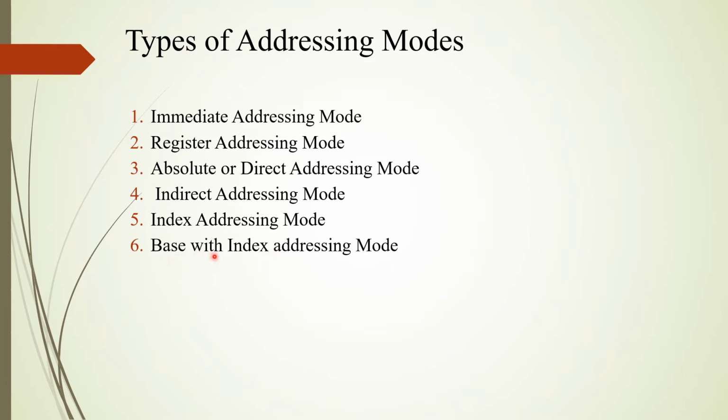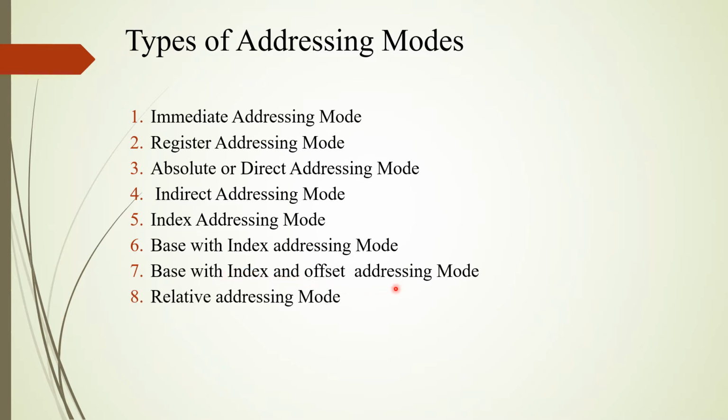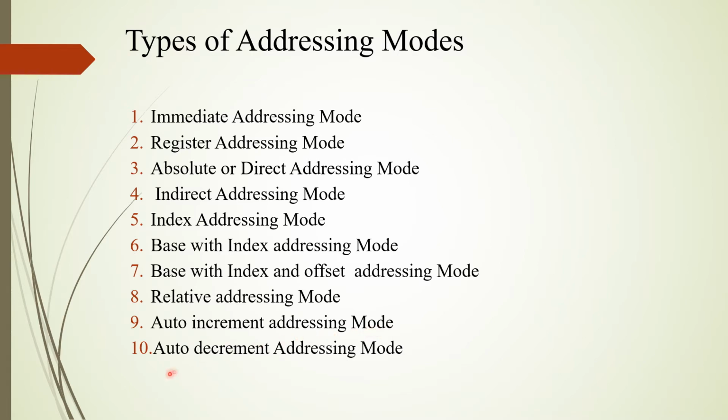Next, base with index addressing mode. Base with index and offset addressing mode. Relative addressing mode. Auto increment addressing mode, and the last one is auto decrement addressing mode. So today we'll discuss all these addressing modes.